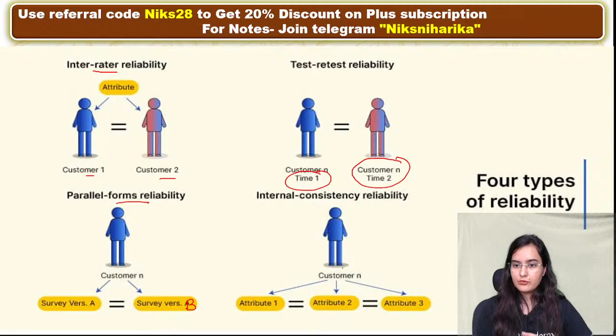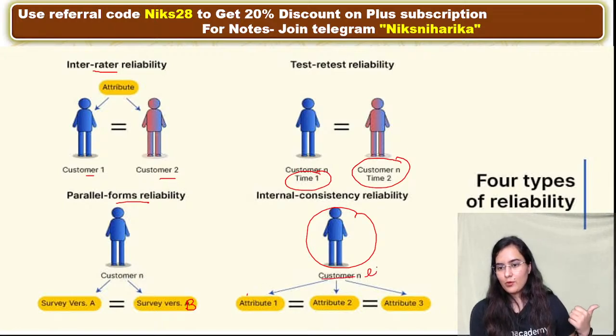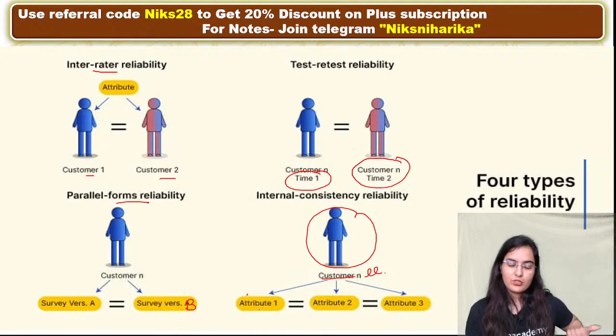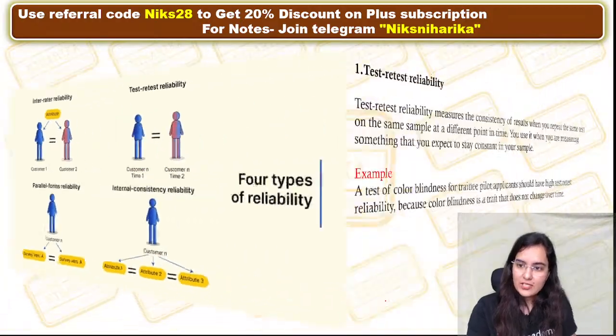And internal consistency, that this customer's attribute, or you can say employee's attribute, the rating is given by different customers. Rating 1 should be equal to rating 2, should be equal to rating 3. Okay, so that is it.